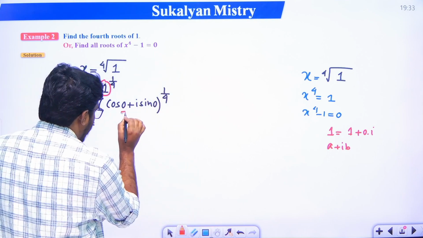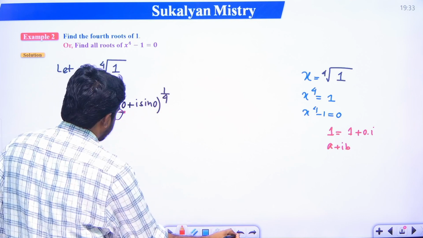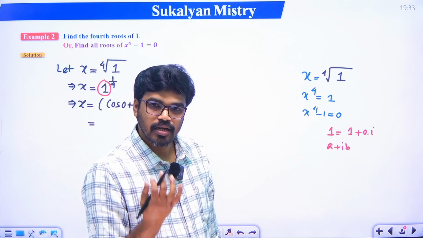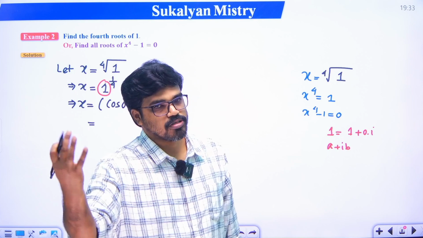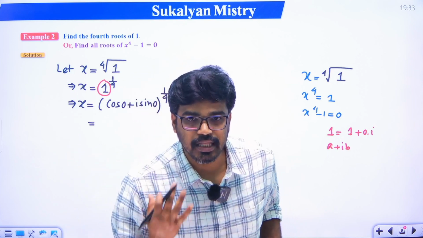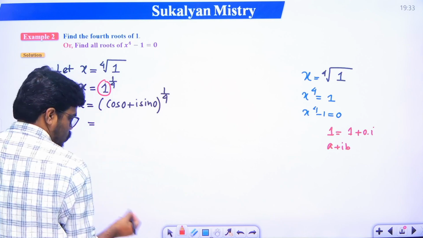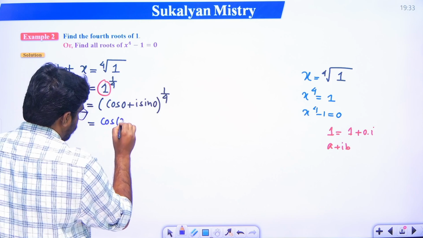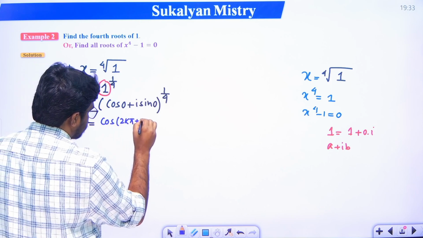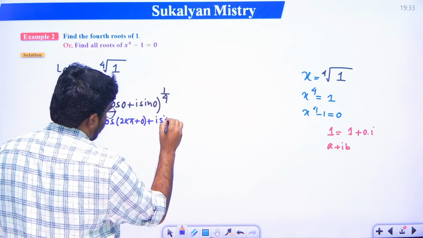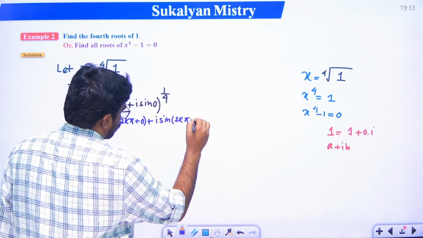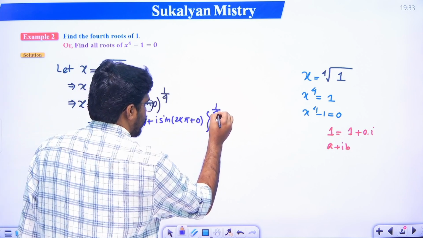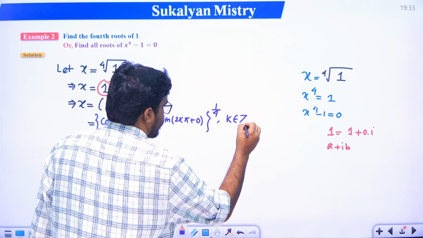This is the angle. Basically, this is the argument theta. Next step, we add 2k pi to the argument, right? Because cos (2k pi plus theta) is cos theta, sin (2k pi plus theta) is sin theta. So this is equal to (cos (2k pi plus 0) plus i sin (2k pi plus 0)) to the power 1 by 4, where k is any integer.